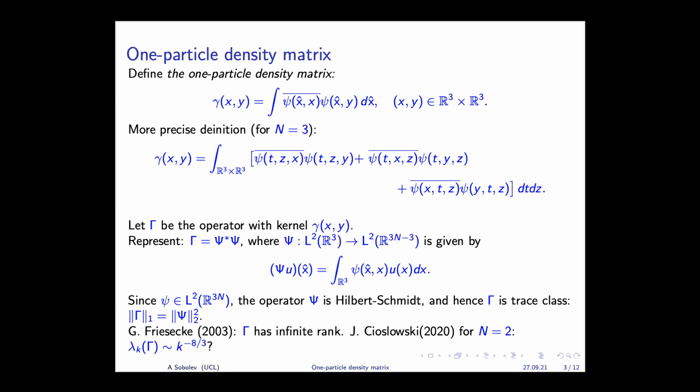And it is always a question, how precise is this approximation? If you know how fast the eigenvalues decay, you will know how precise. So if they decay slowly, then you will have to take an operator of high dimension to approximate the one-particle density matrix.